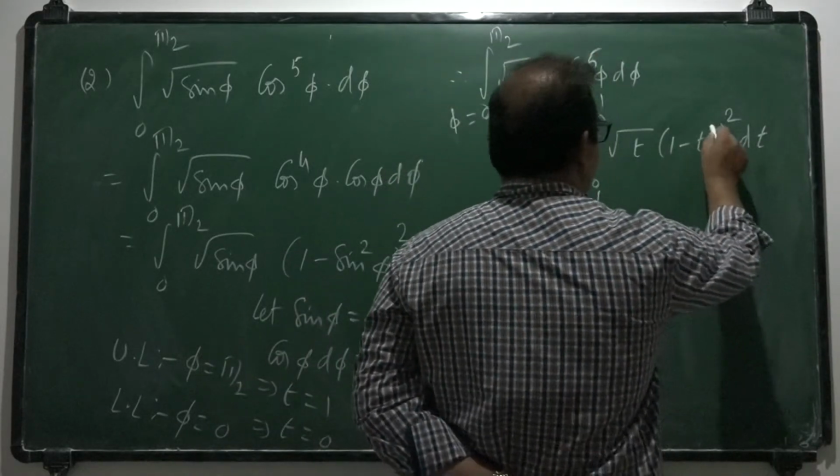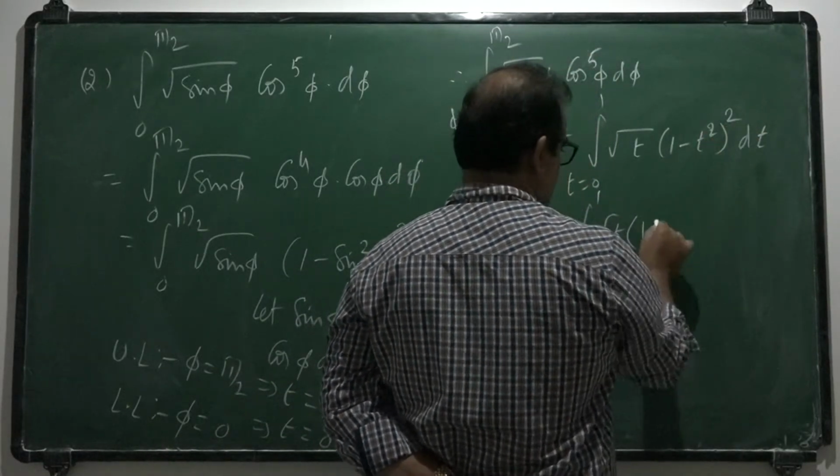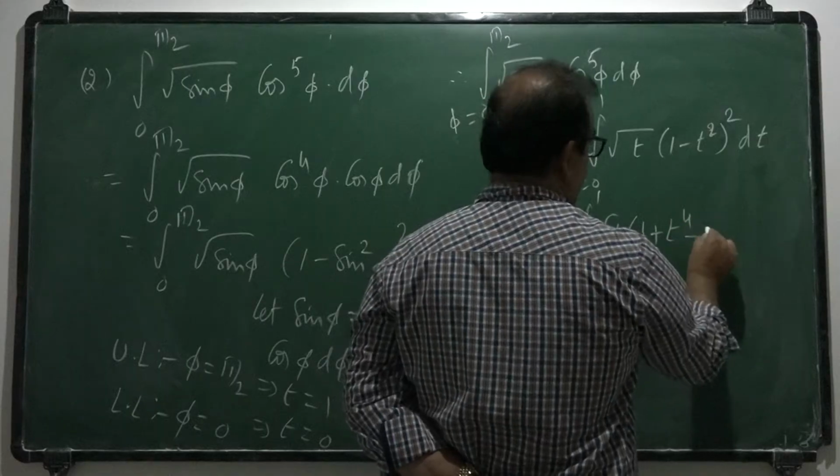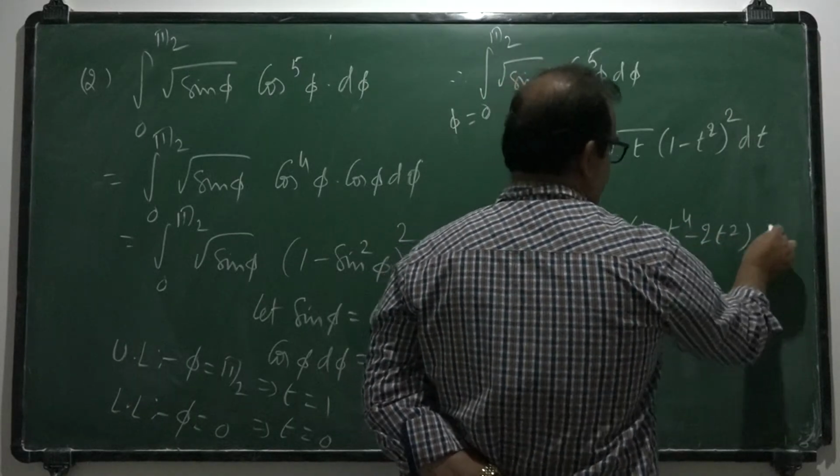It is in the form of (a minus b) whole square, a square plus b square minus 2ab, into dt.